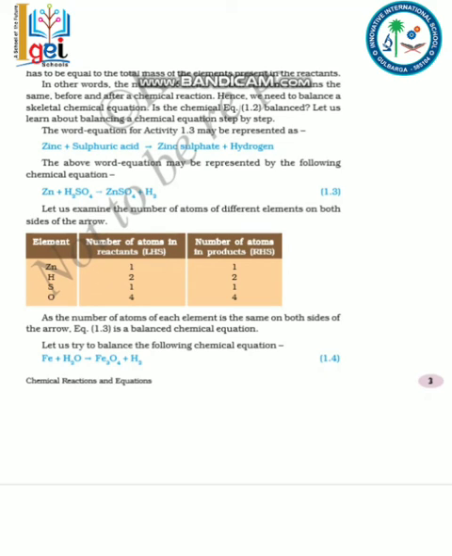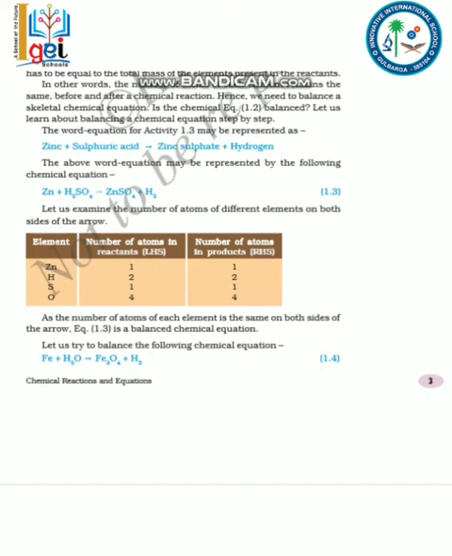Now the chemical formula of iron is Fe, the chemical formula of water is H2O, and Fe plus H2O gives rise to Fe3O4, which is the chemical formula of iron oxide, plus H2, the chemical formula of hydrogen. So Fe plus H2O gives Fe3O4 plus H2.